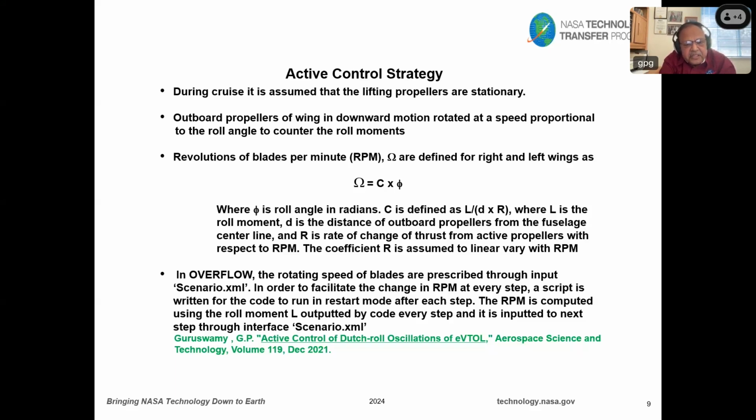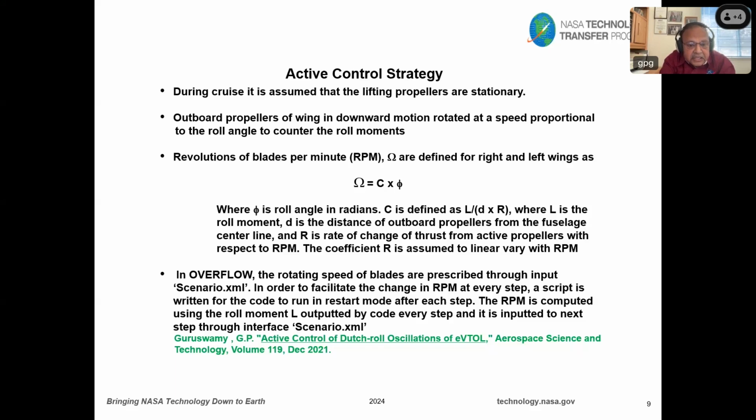But for this we need a lot of information, such as what speed they need to be activated at. We come up with a relation between, for example, the roll angle of attack and the RPM, the speed.